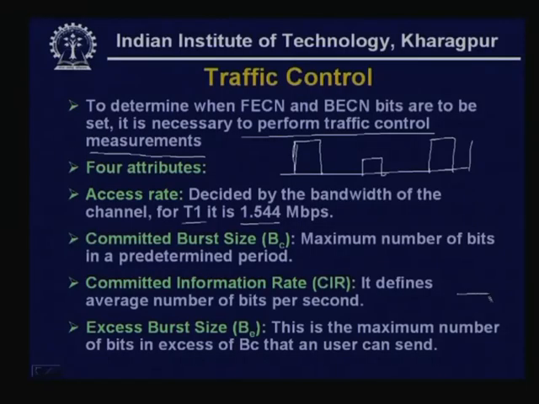So, this is the Bc and this is the Be. This much of excess is allowed by the frame relay network, but this is a loose bound on the size. Usually the committed burst size is more important than the excess burst size, but in any case the burst size should not exceed this excess burst size.